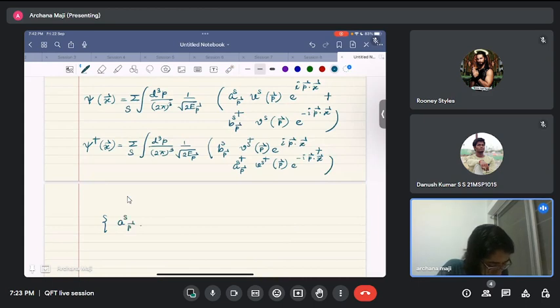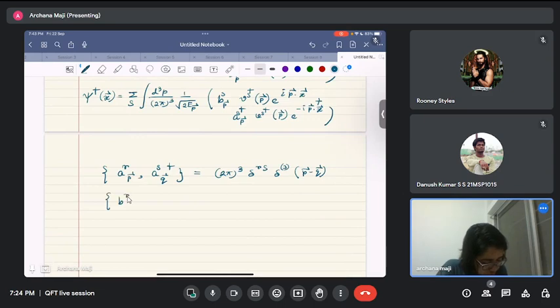The anti-commutator of a_p and a_q dagger is equal to (2 pi) cube delta rs delta 3 (p minus q).